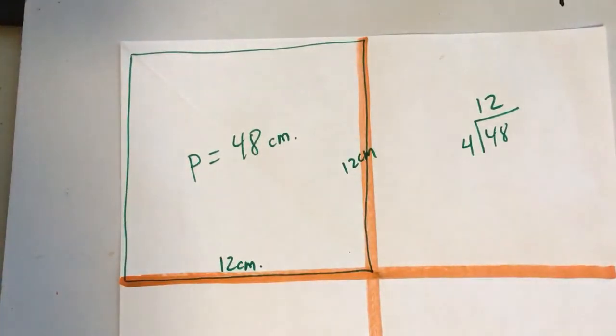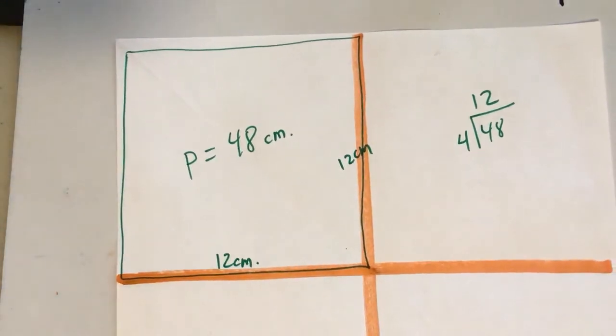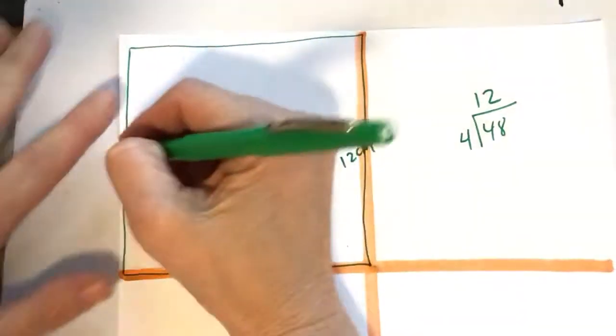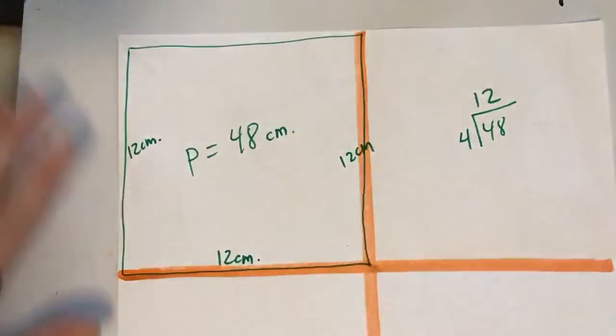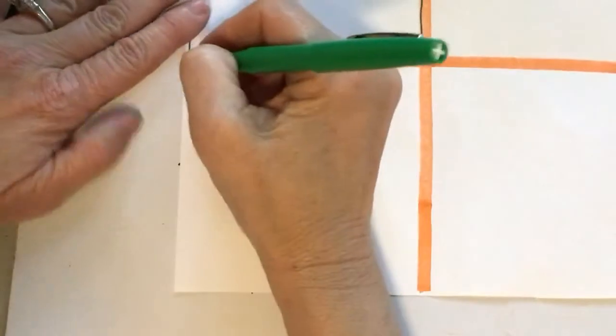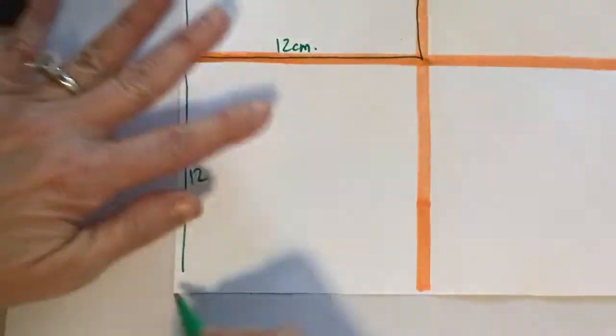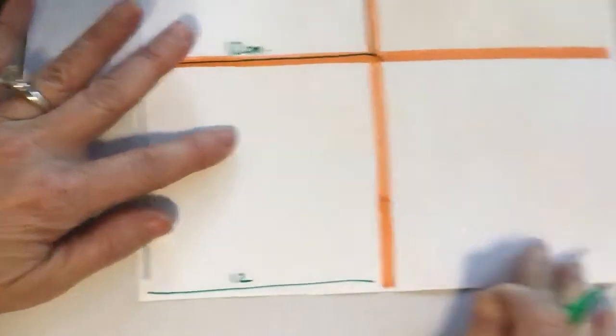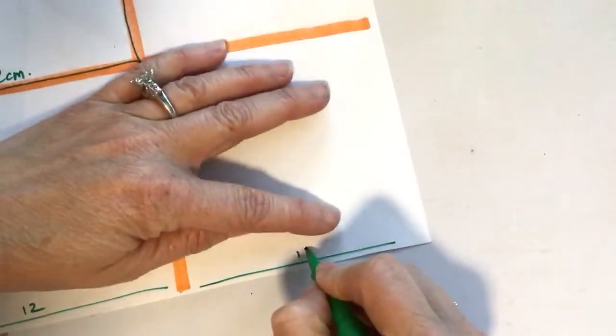It's asking us what is the perimeter of the paper. So if that is 12 centimeters, and that's just one of the boxes, that means that this one is 12, and this one is 12, and this one is 12.